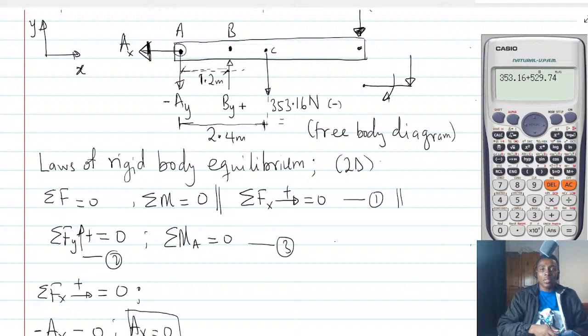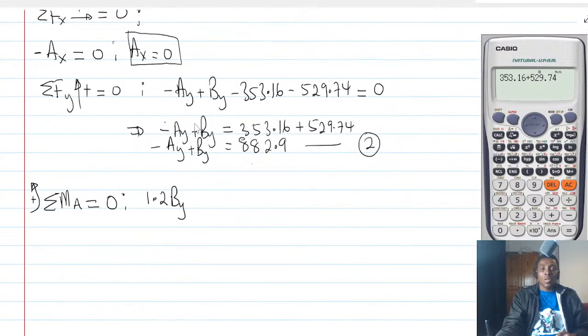353.16 multiplied by 2.4. And that is actually, so that is minus, right?